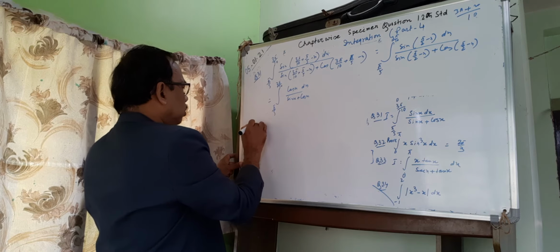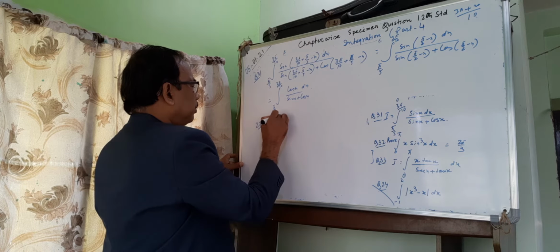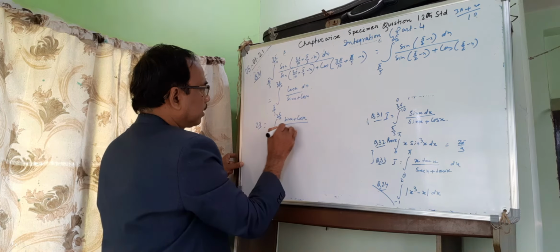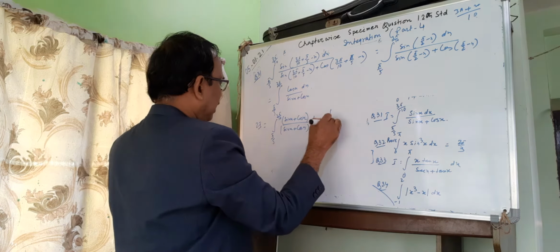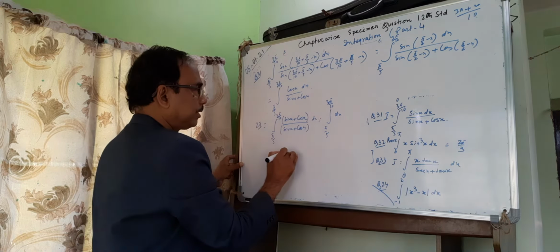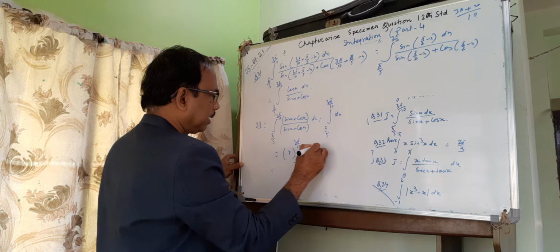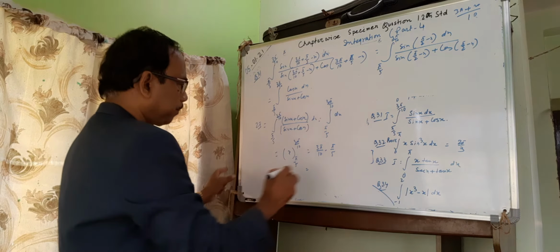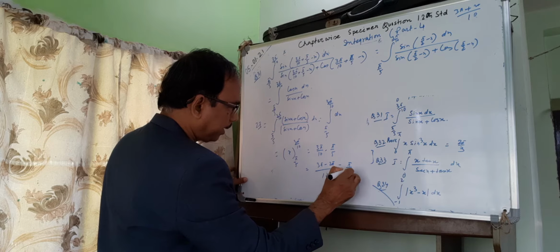Now adding, 2I equals pi by 5 to 3 pi by 10, sin x plus cos x over sin x plus cos x dx, that is pi by 5 to 3 pi by 10 dx, that is x from pi by 5 to 3 pi by 10, that is 3 pi by 10 minus pi by 5. 10 is LCM, 3 pi minus 2 pi, that is pi by 10.